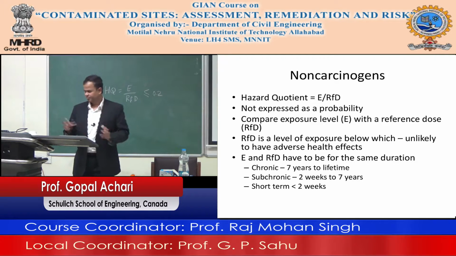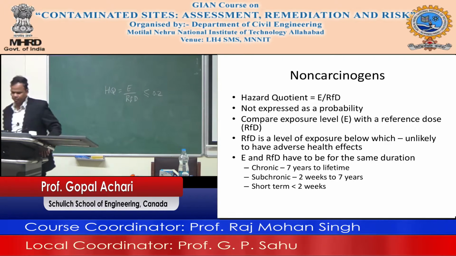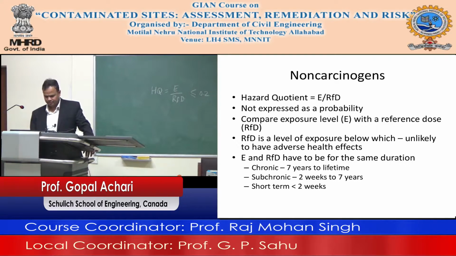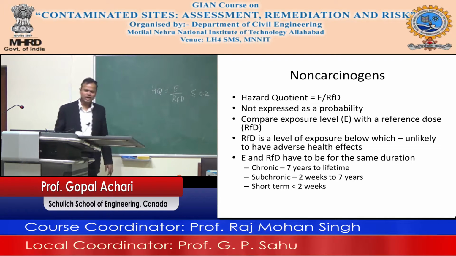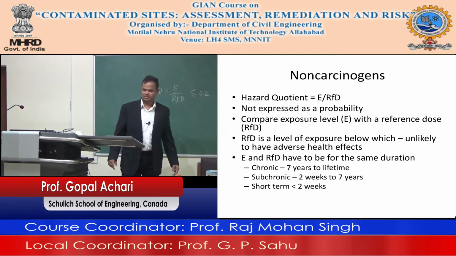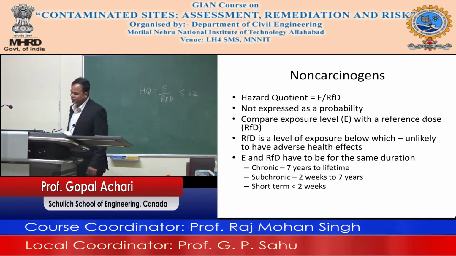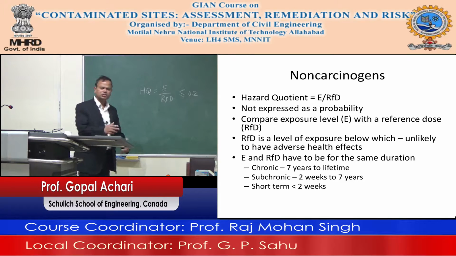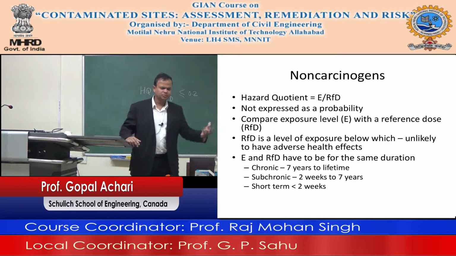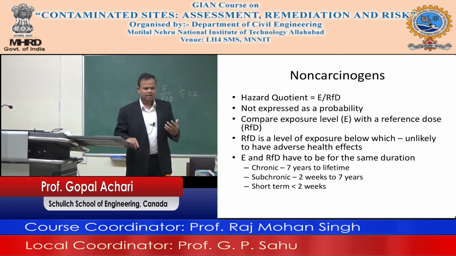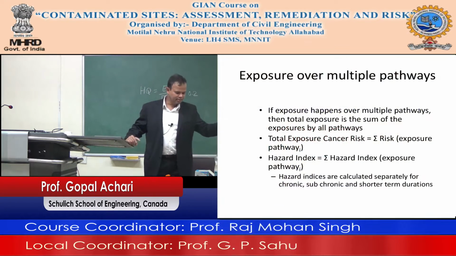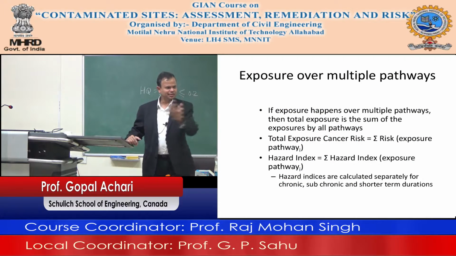The same thing applies on both the cancer side, with risk, and the non-cancer side, with the hazard index. If the exposure happens over multiple pathways, then the total exposure is the sum of all pathways, dermal and all that. But you also have to look at the target. For example, let's say I drink something that attacks my kidney.